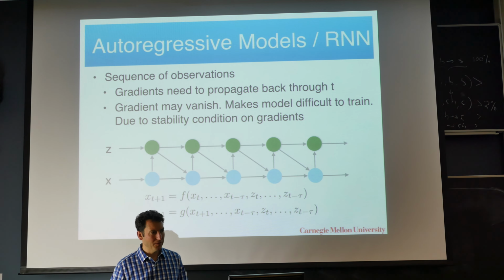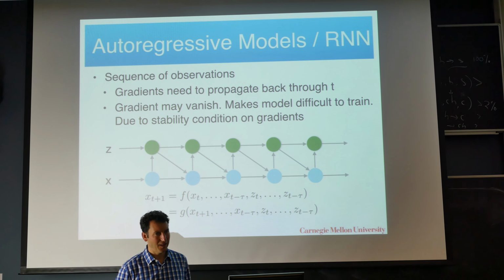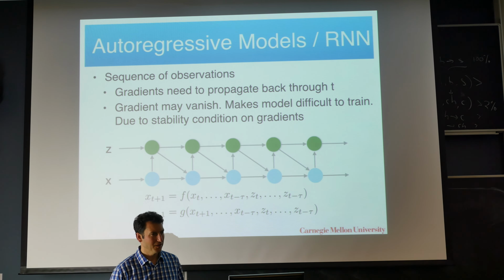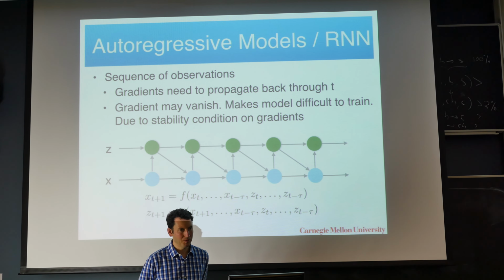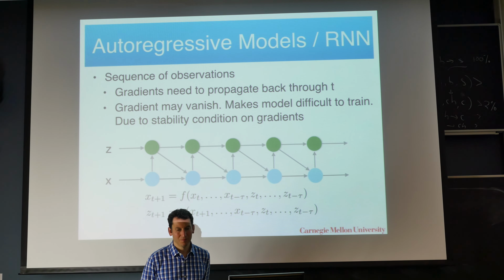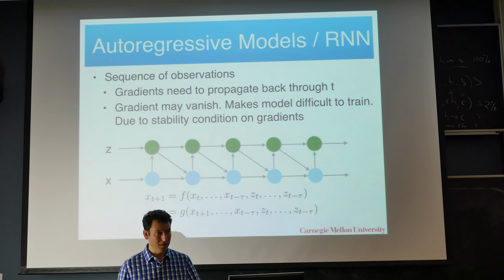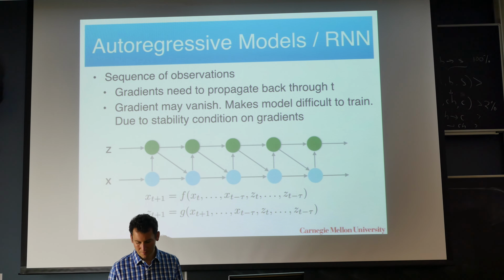Part of the reason why it gets messy is that if your Jacobi matrix has the largest singular value less than 1, then this will converge to 0. If it's larger than 1, everything will blow up, and you don't want that either. So it's really hard to exactly keep the gradients from either vanishing or blowing up. That makes it really hard and painful to train.